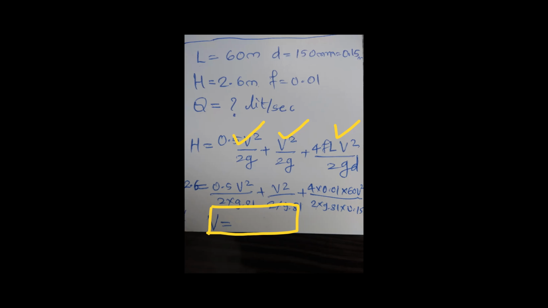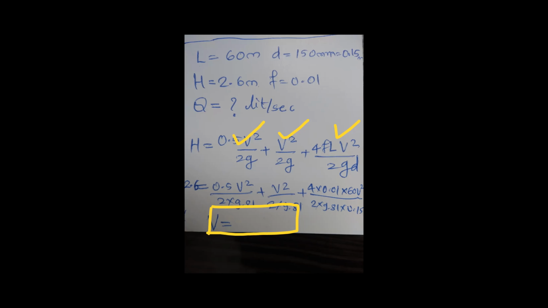Okay. What is the unit? Meter per second, yes. Always remember to give the units for the final answer. Okay, so V comes out to be 1.707 meter per second.